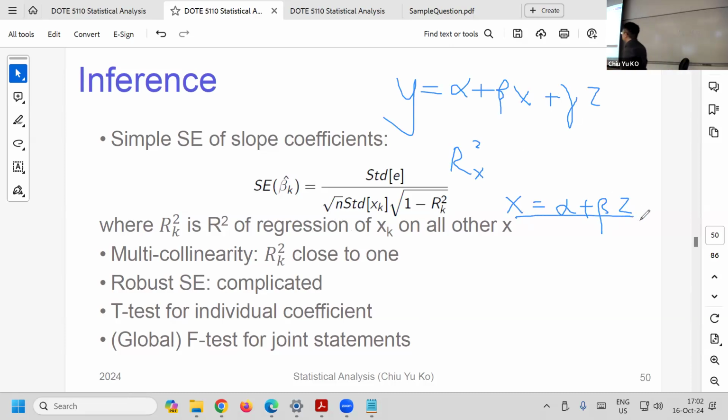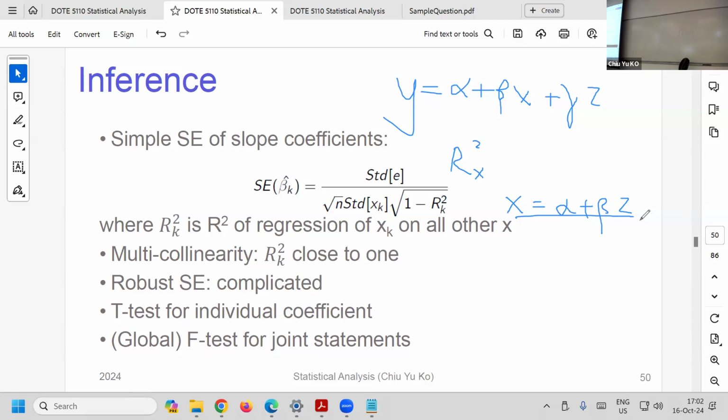In this two variable world, this R square is just the correlation coefficient between x and z, right? And if they're close to 1, that means the standard error is infinite, right?